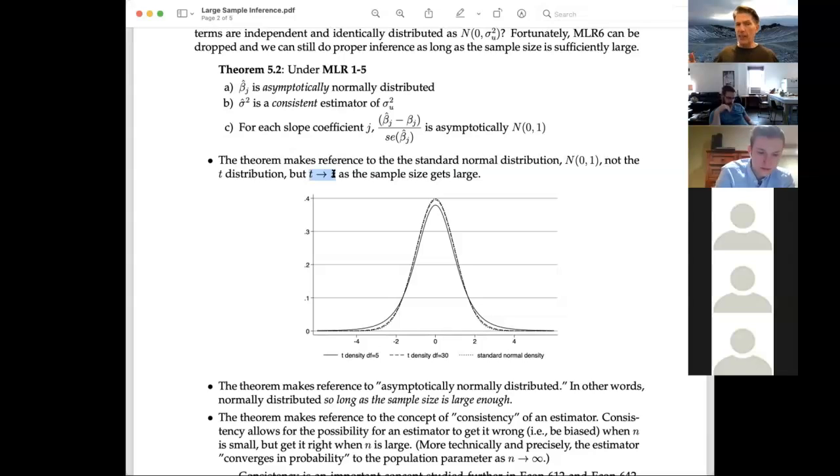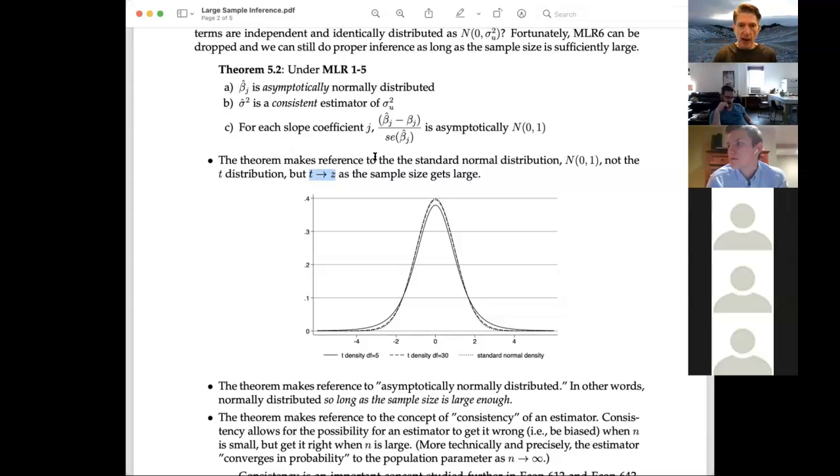Even though we had a sample size of 7,000, Stata continued to show us T statistics. But what we want to know is there's no difference between a T statistic and a Z statistic after you get to 120 degrees of freedom.